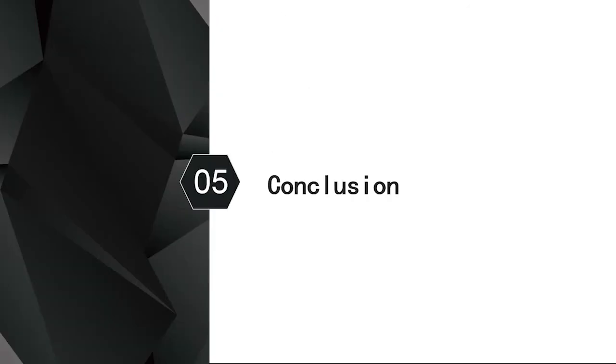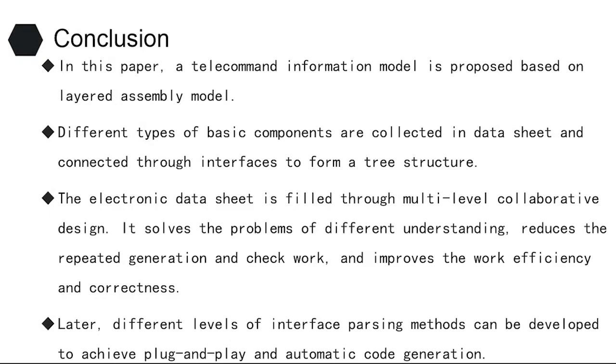Part 5. Conclusion. In this paper, a telecommand information model is proposed based on a layered assembly model. Different types of basic components are collected in datasheets and connected through interfaces to form a tree structure.